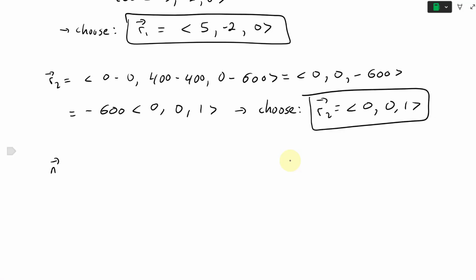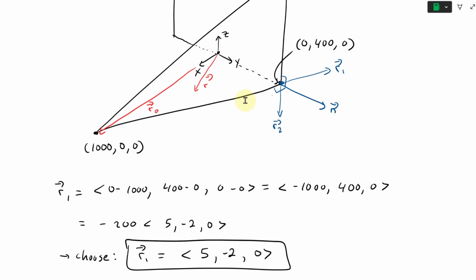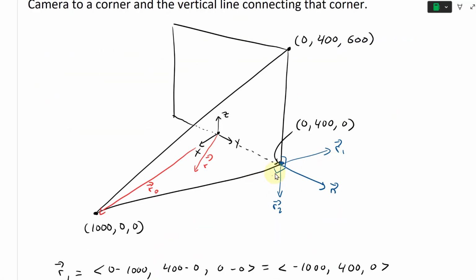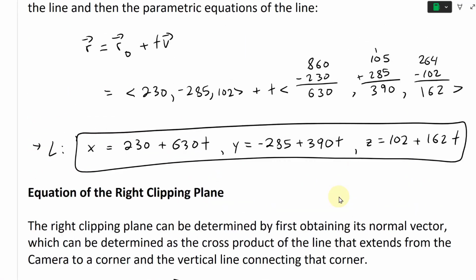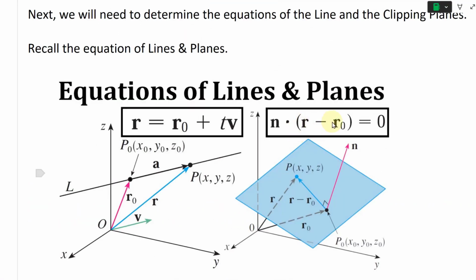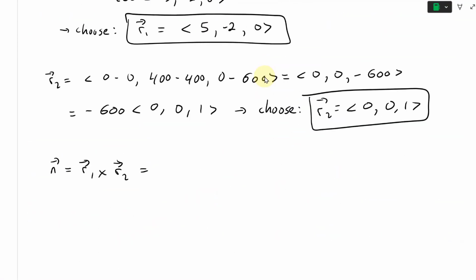So now the n vector is equal to the cross product, the normal vector cross product of R1 and R2. We're going to get this normal vector, and then after that we can throw that into our equation of a plane: R minus R naught, dot product with n, equals 0.